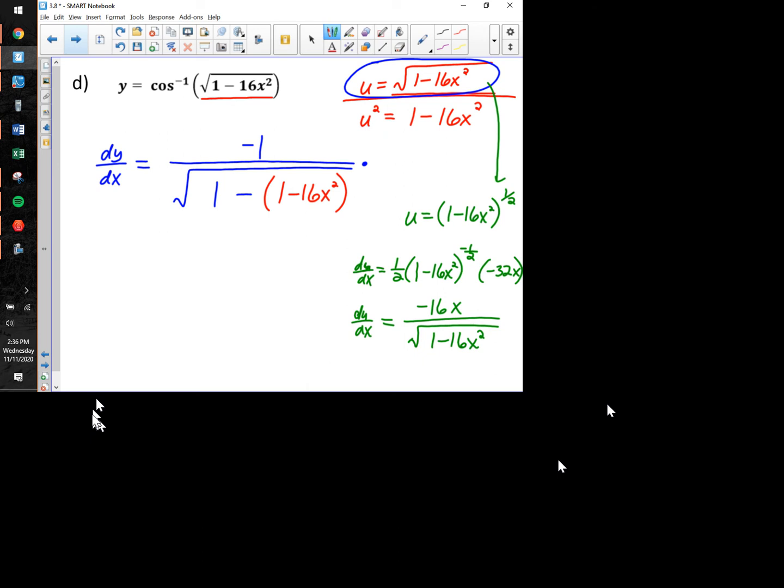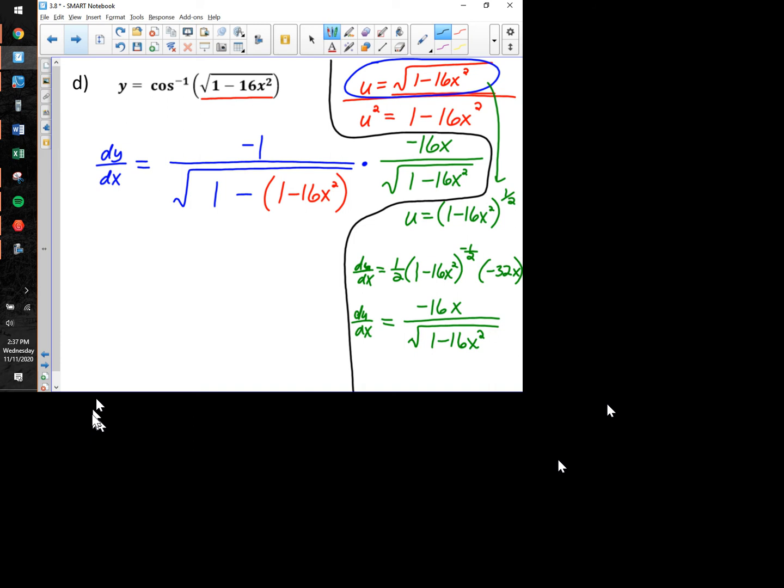I don't think it's going to get any cleaner than that. So that is my du dx. I need to multiply this by a negative 16x over the square root of 1 minus 16x squared. And I apologize, guys, I didn't do a great job of keeping all this stuff separated here, but that's where we are right now.